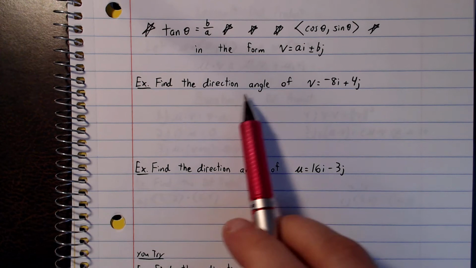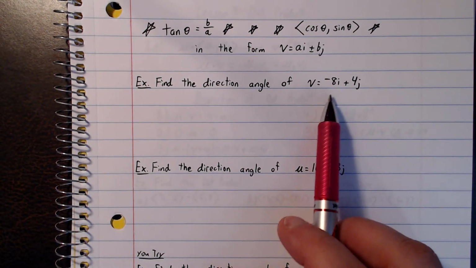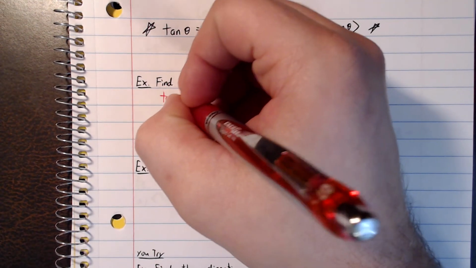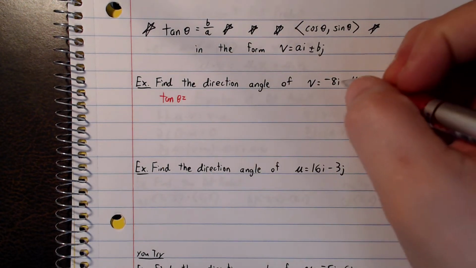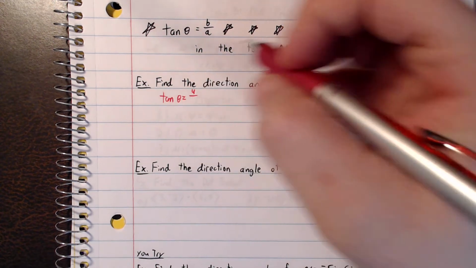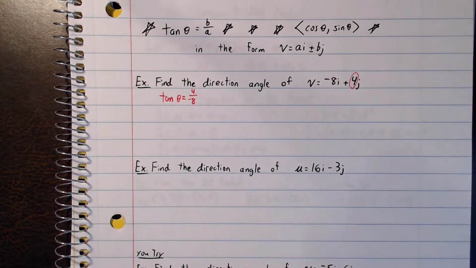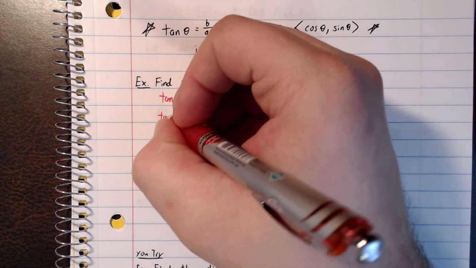They want us to find the direction angle of vector v, negative 8, positive 4. So here we go. Tan of whatever angle we're looking for is going to be equal to b over a. This is our b value over our a value. And if we want to do this, we have to do inverse, because we're finding that angle.